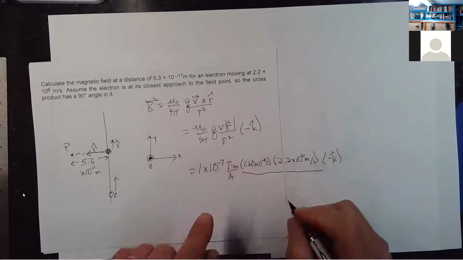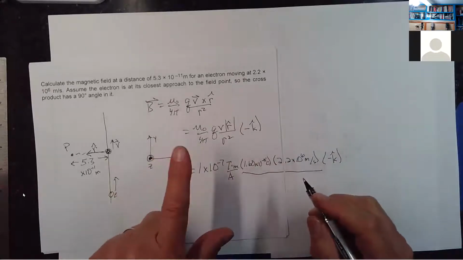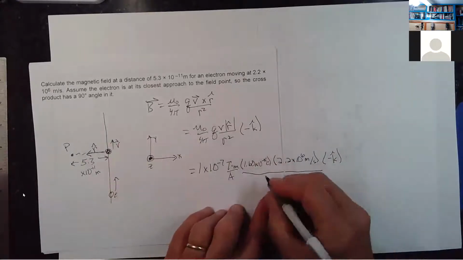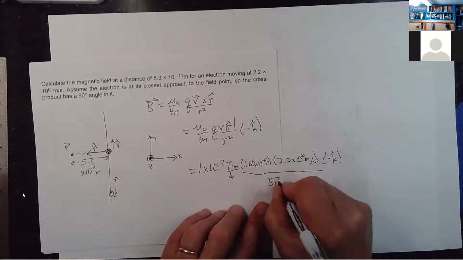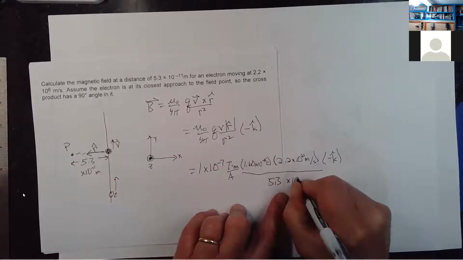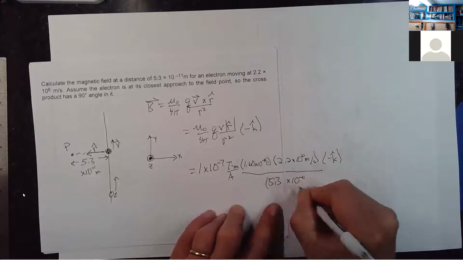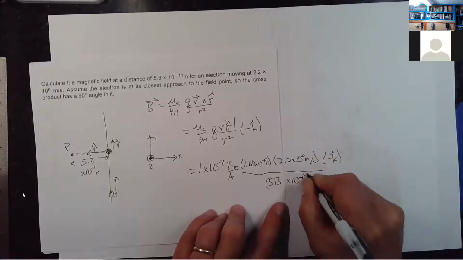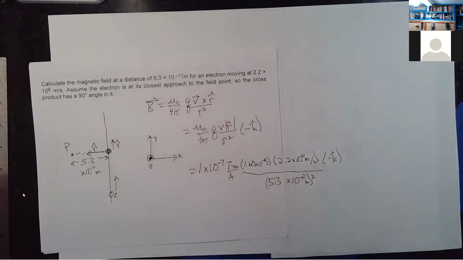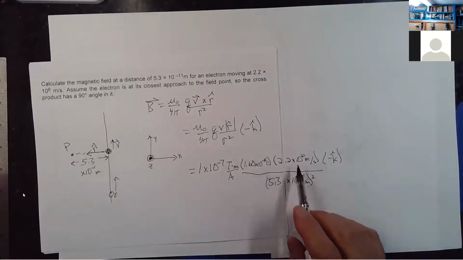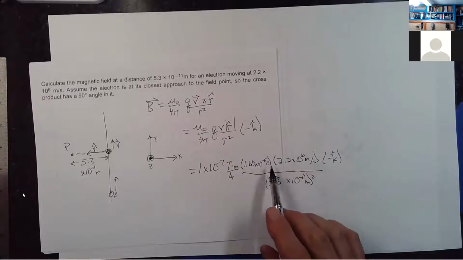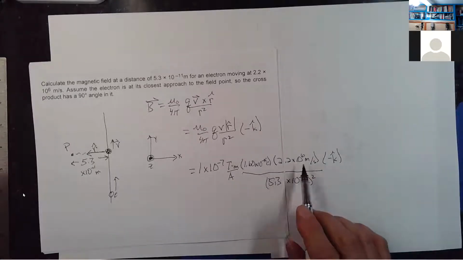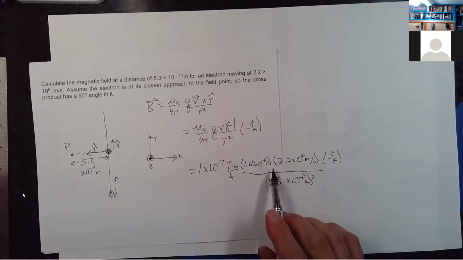And then R is 5.3 times 10 to the minus 11th meters squared. Okay, well, if I just think about the coulombs times meters per second, that could be a coulomb per second times a meter. Coulomb per second is an ampere.